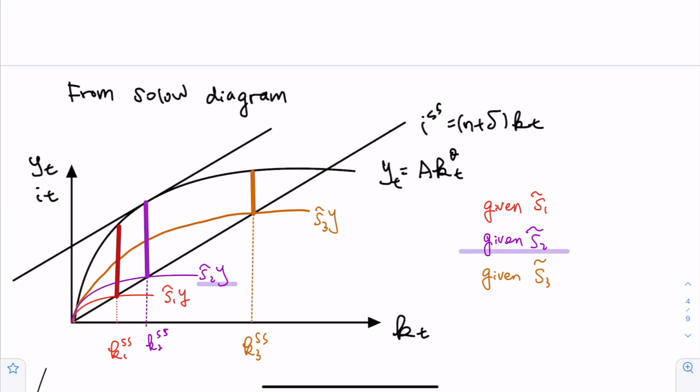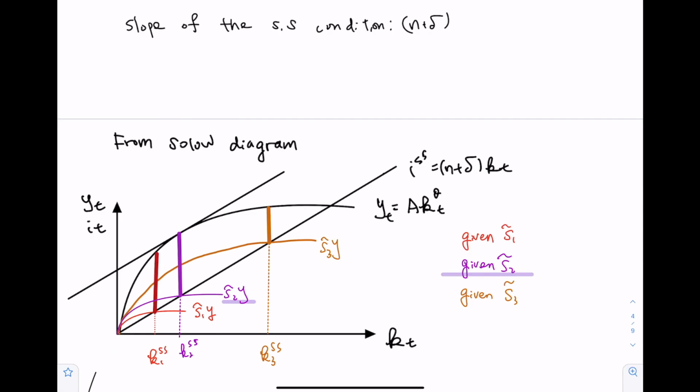So this is the way to come up with the golden rule saving rate under the Solow model. To summarize the discussion up to this point, if we want to find a saving rate that allows the Solow model to maximize the consumption, we need to find the slope of the steady state condition.